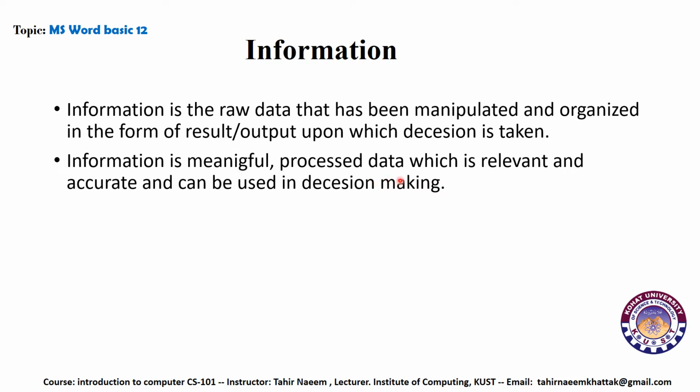Relevant means that it is related to the program, while accurate means that it is up to date and doesn't carry any errors. This information is the base for any logical reasoning and for taking a decision.